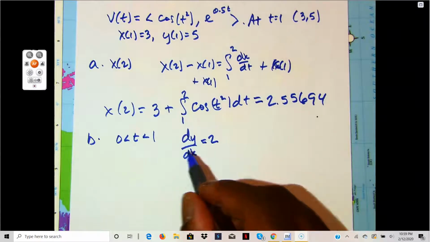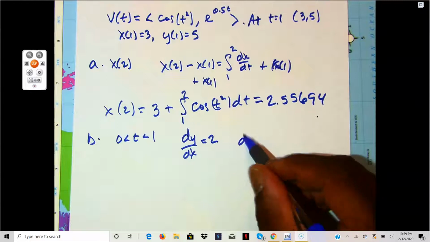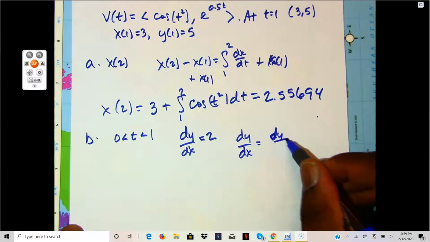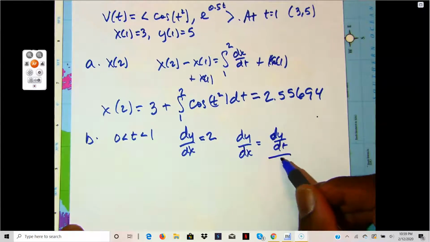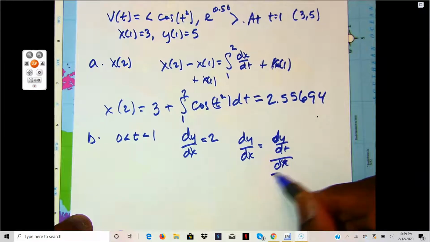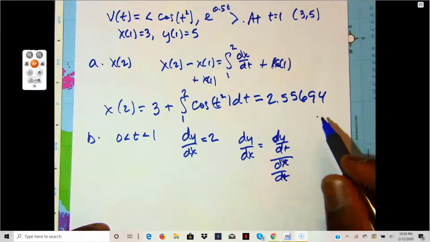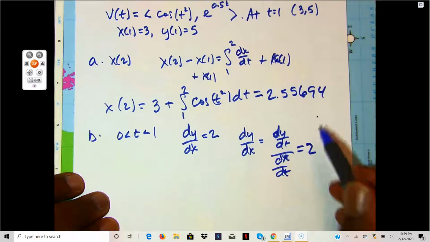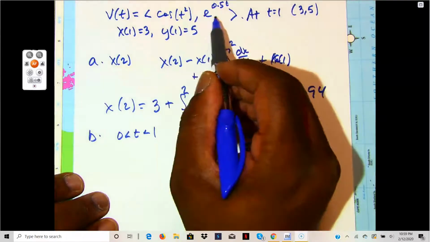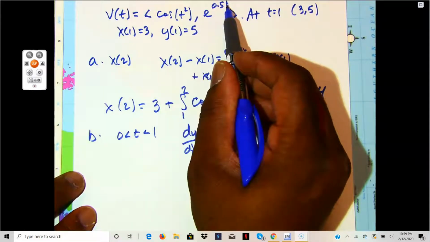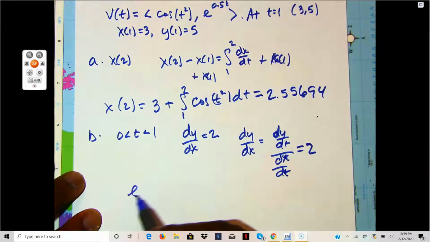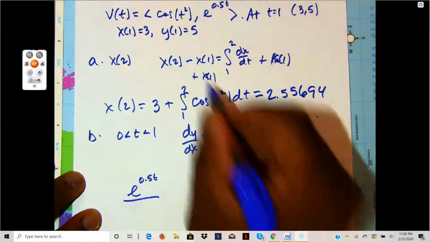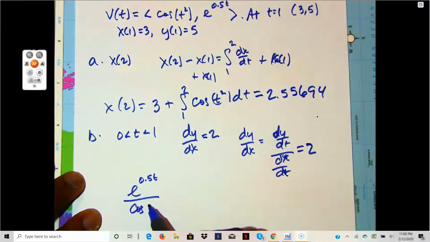Well, we know that dy/dx is equal to dy/dt divided by dx/dt. And we're going to set that equal to 2. Well, dy/dt is e to the 0.5t divided by dx/dt, which is cosine of t squared.